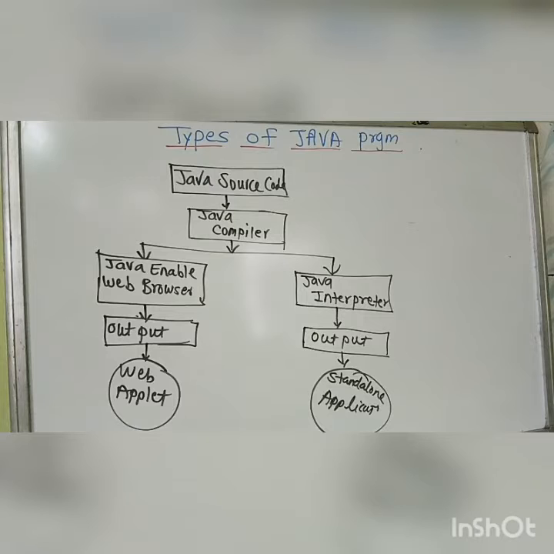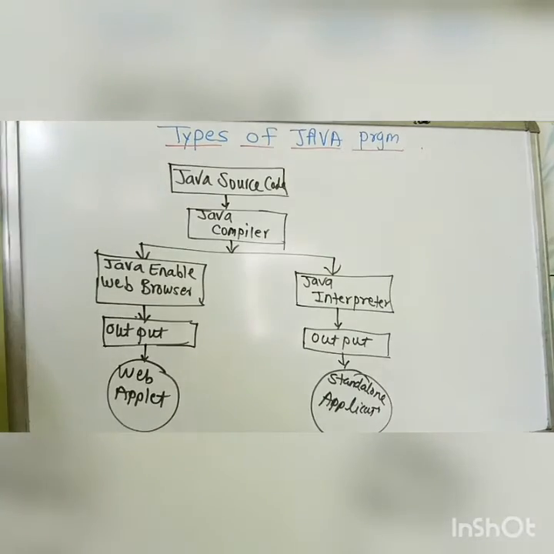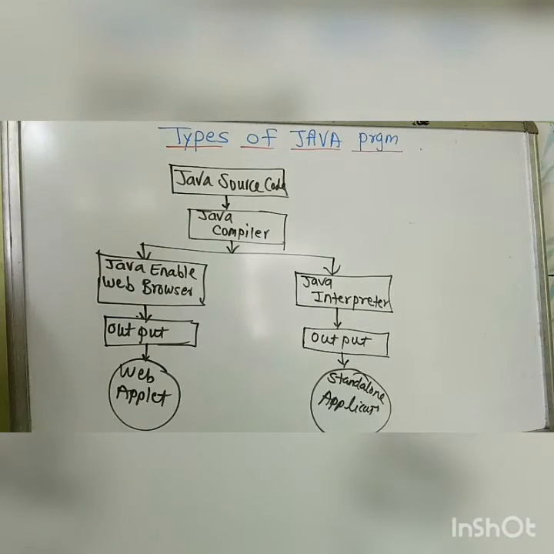In this video, we will see the different types of Java programs which are used in day-to-day application development. There are basically two types of Java programs, based on the object oriented language, as Java itself is a purely object oriented language.